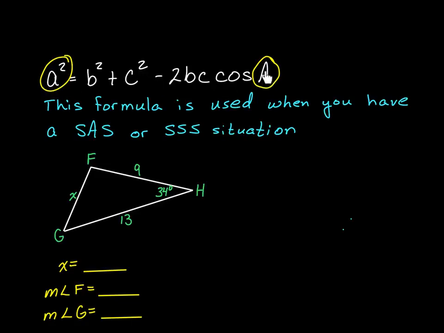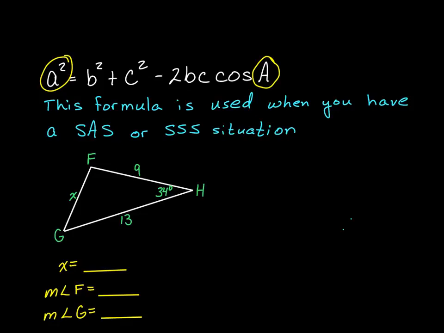So if you have this angle given to you, your formula is going to start with the side opposite that angle. Or if you are given this side and you're looking for this angle, you're going to start with the side opposite the angle you're looking for. So in the situation that we have right here, let's go ahead and work this out.